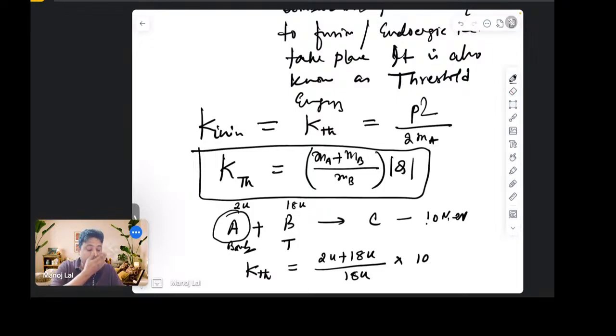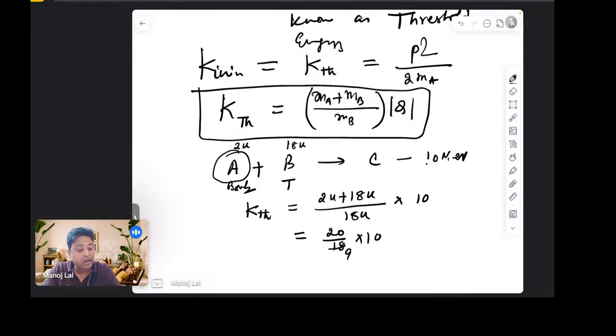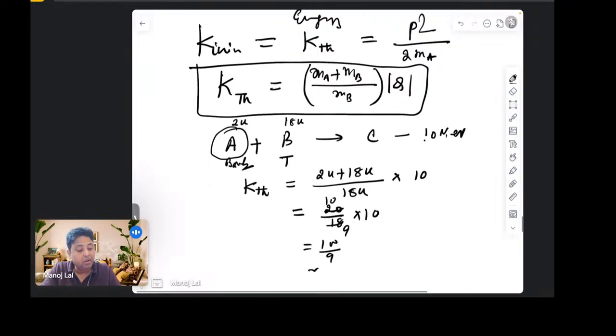So this will be 20 by 18 into 10, that is 100 by 9. So something around 11 mega electron volt energy is required for the bombardment particle A so that this reaction takes place.